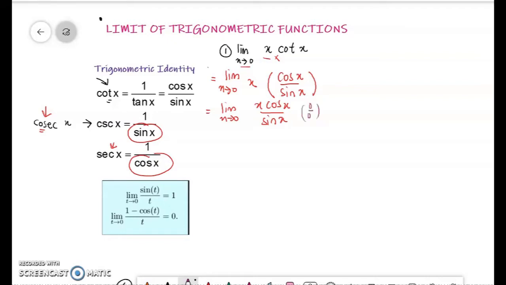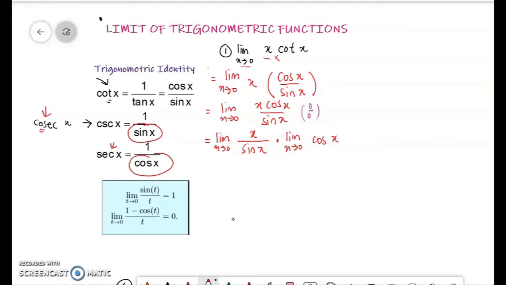When you get 0 over 0, what you need to do is separate this. So we have limit x approach to 0 of x over sine x, times limit x approach to 0 of cos x.